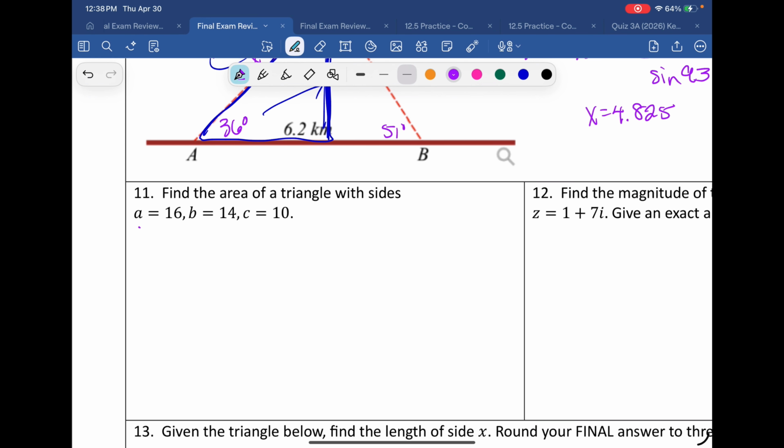Area of a triangle. This is 3 sides, though. This is Heron's formula. So you need a semi-perimeter. Add up all 3 sides. Divide by 2.